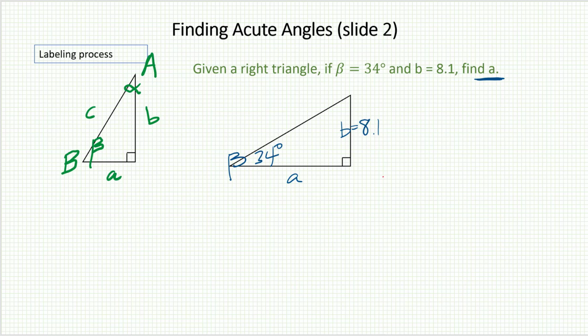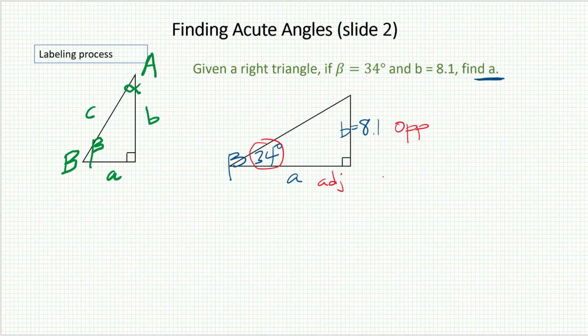So how do I find A? It's all about linking up the pieces in your picture. I have this angle. I have the opposite leg. And I'm interested in the adjacent leg. Which trig function am I going to use? Well, SOHCAHTOA, TOA, opposite over adjacent.